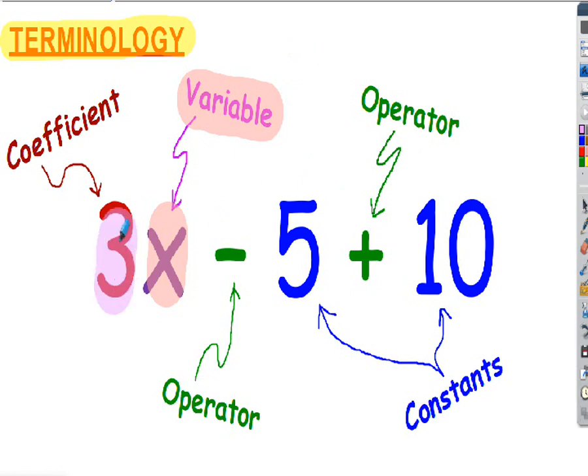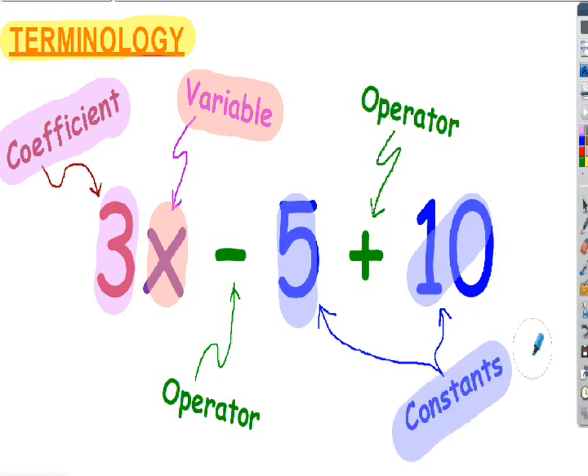The number associated with the x is termed the coefficient of x. So in this case the coefficient of x is 3. We have 3 multiplied by x. The numbers 5 and 10 in the expression are defined as constants. They are pure numbers. And finally the minus and the plus in our expression are termed operators.